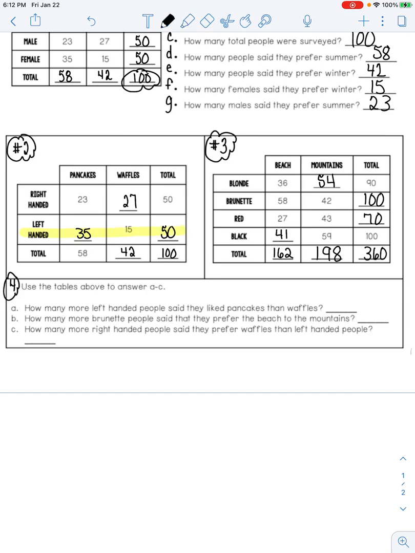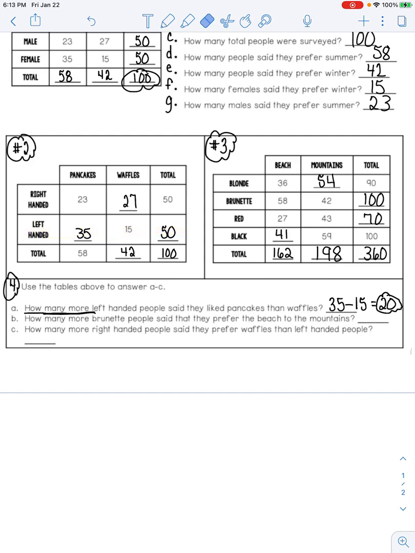So left-handed people who like pancakes, that was 35. How many left-handed people said they liked waffles? Well, that was 15. But the question said, how many more? So that just means I want to subtract to get the difference. And 35 minus 15 is 20. So 20 more left-handed people like pancakes than liked waffles.